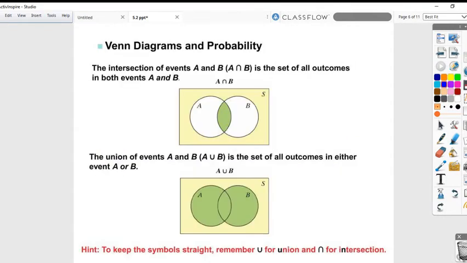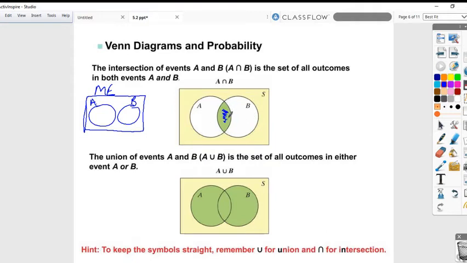Let's talk about these Venn diagrams. Here's what disjoint or mutually exclusive looks like. You have two separate circles, an A circle and a B circle. They're disjoint, they're not joined. When we're talking about two things that have something in common, this is your overlap.